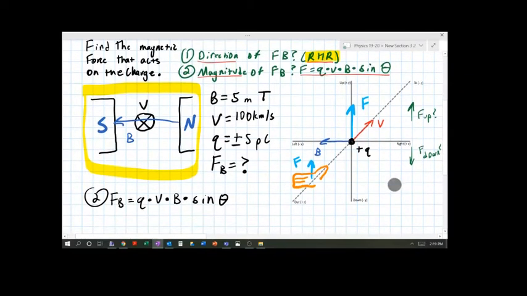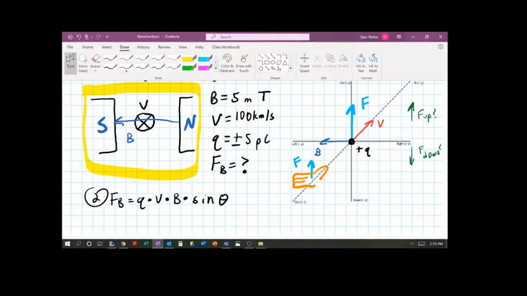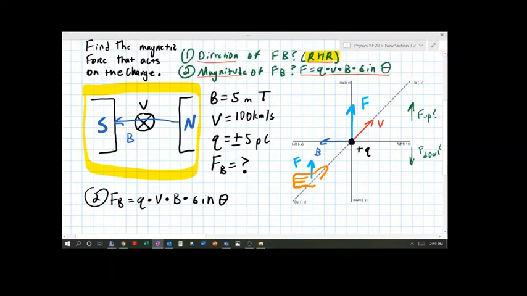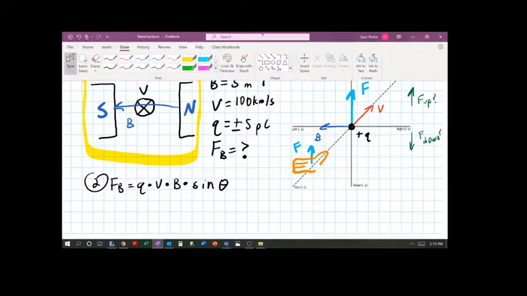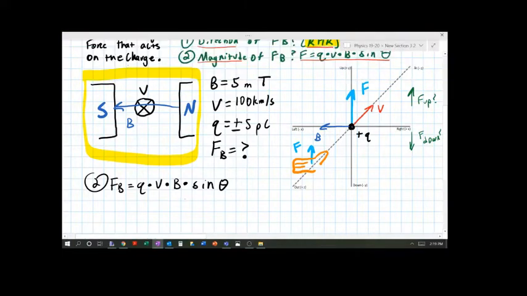Now let's find the magnitude. The magnitude depends on a few things. It depends on the charge quantity Q, the velocity V, the magnetic field strength at this point, which is 5 milliteslas, and it depends on the angle between V and B, theta. So the angle in this case is 90 degrees. They're perpendicular because they are on different axes.